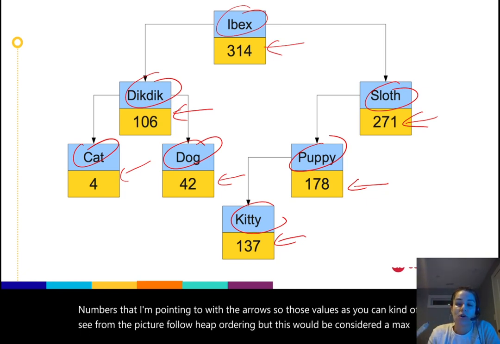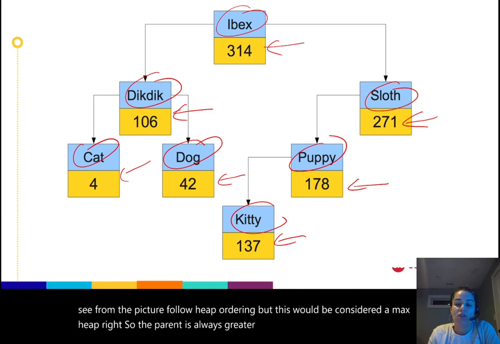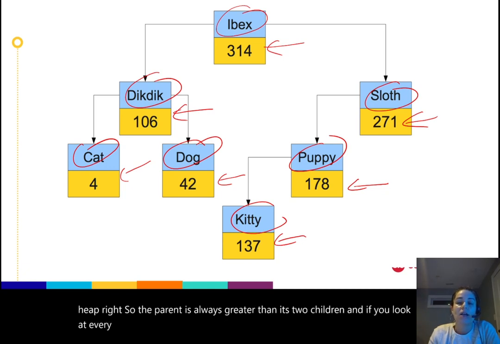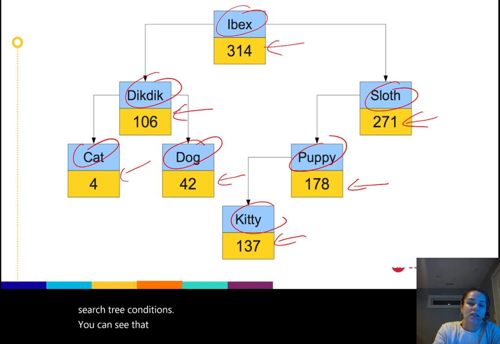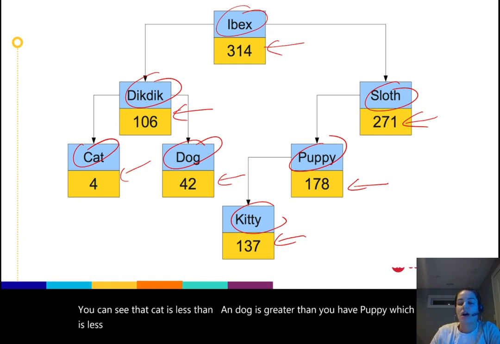So the parent is always greater than its two children, and if you look at every node, that's satisfied. But if you look at the values, those satisfy binary search tree conditions. You can see that cat is less than dog, and dog is greater than... You have puppy, which is less than sloth, etc.